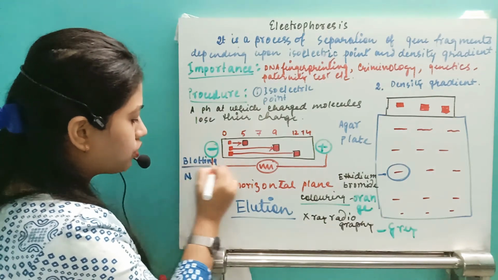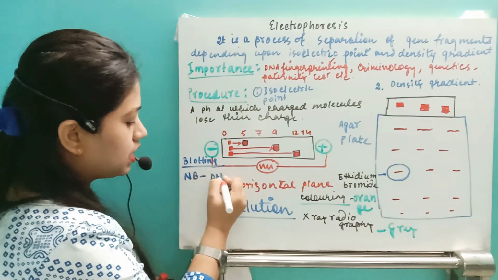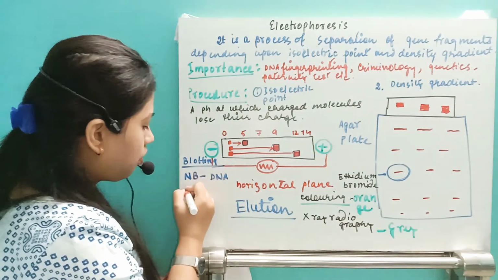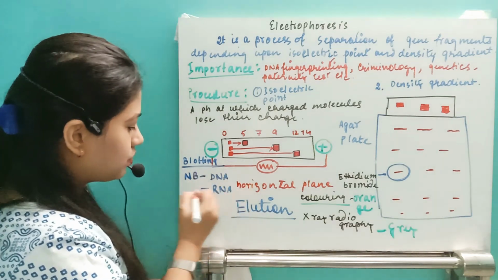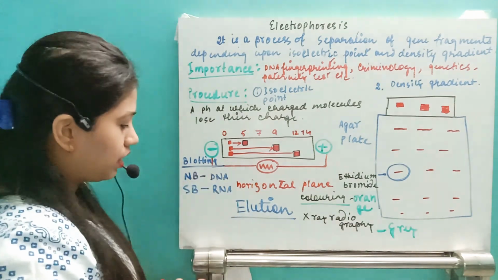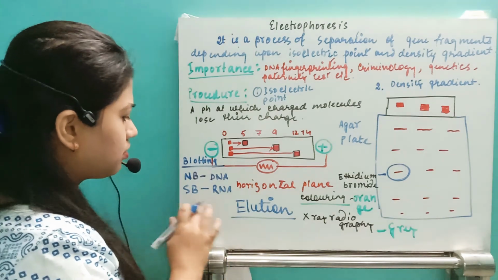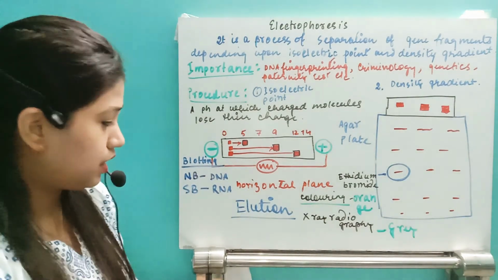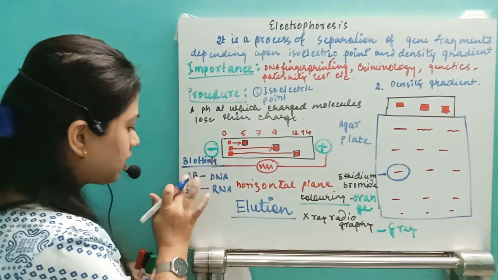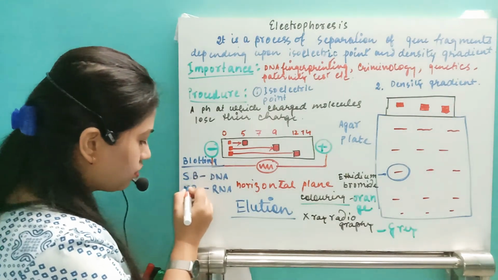So in this blotting technique, Southern blotting is used to separate out the DNA fragment. For the separation of RNA fragments, we have Northern blotting.